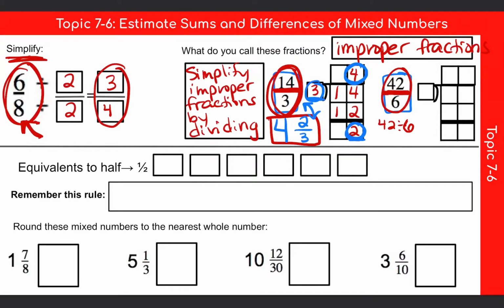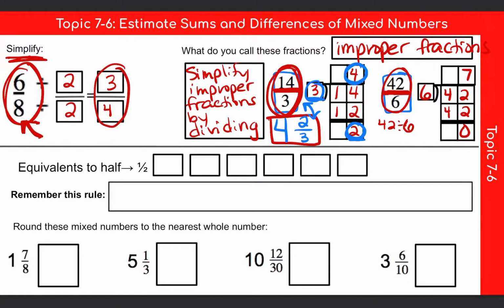Okay, so let's look at this next one, 42 divided by 6. We can fill that in, 42 divided by 6. 6 goes into 42 7 times. We get exactly 42, and we get a 0. So in this case, it doesn't have any remainders.